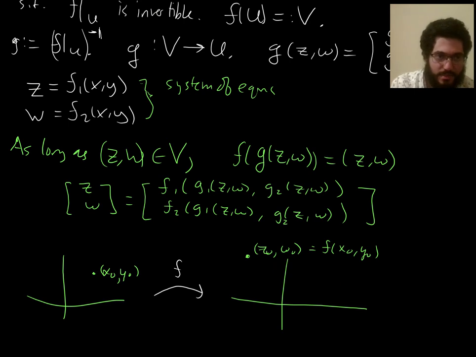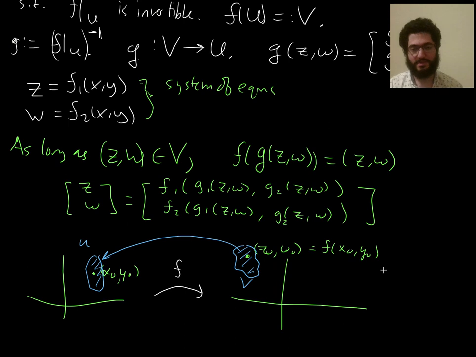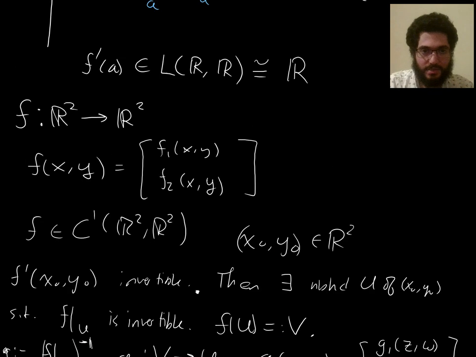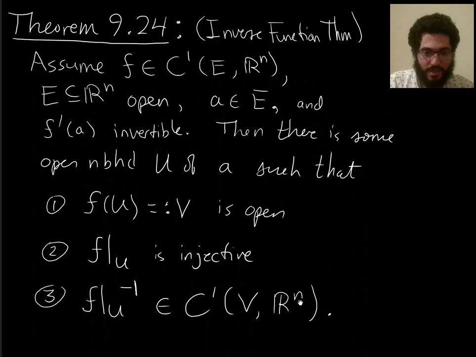And what we're saying is, if you're near enough to here, then the equation can be solved. You can go back. This is U and this is V. So the inverse function theorem is about solving systems of equations and getting a guarantee about the solution as a function that also has nice differentiability properties. Okay, so that's what we will study next.